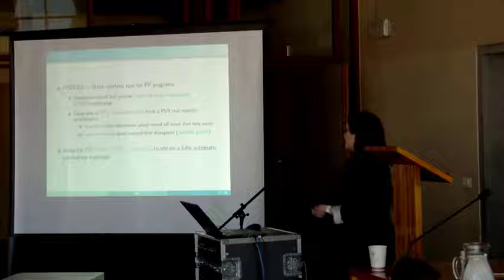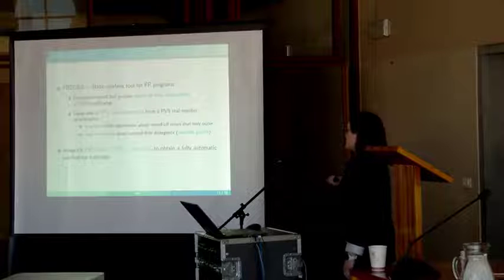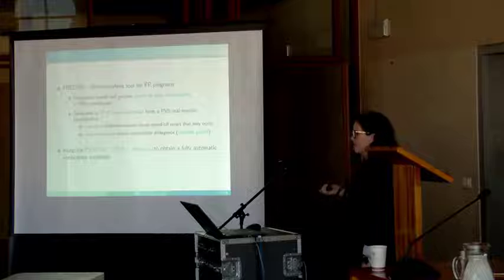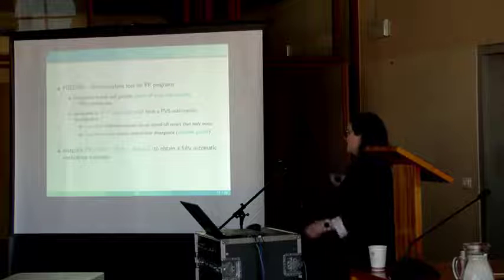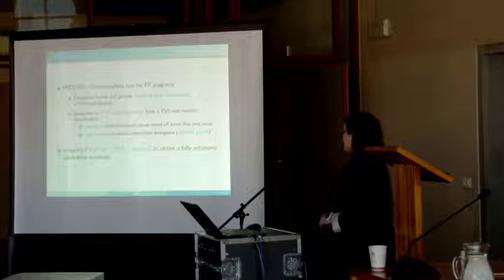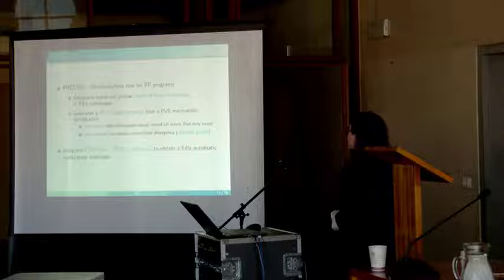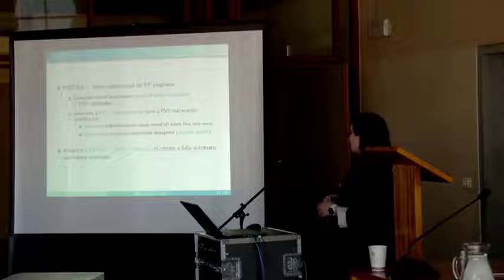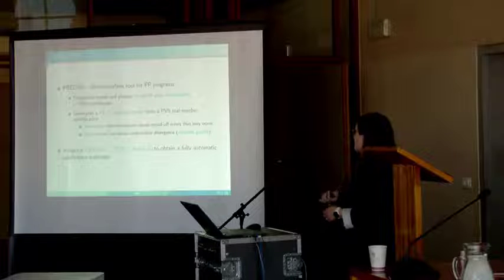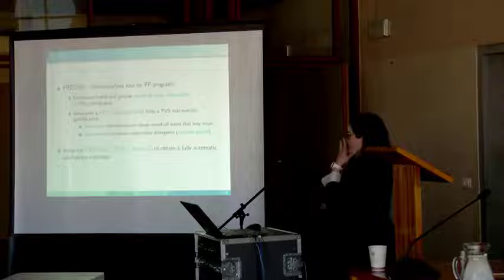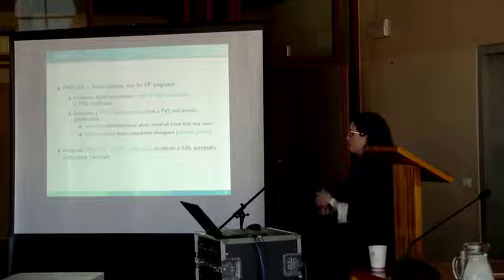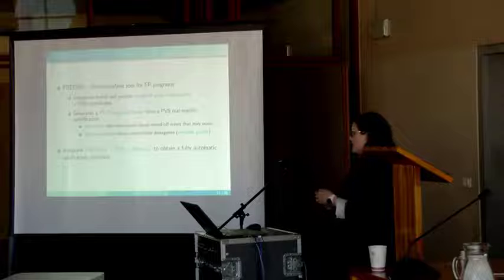So PRECiSA does two things, basically. It computes sound and precise round-off error estimation with an associated certificate in PVS that can be externally checked in PVS. And also it can generate a C implementation from a PVS real number specification, which is first of all annotated with pre and post conditions on how the round-off error accumulates.